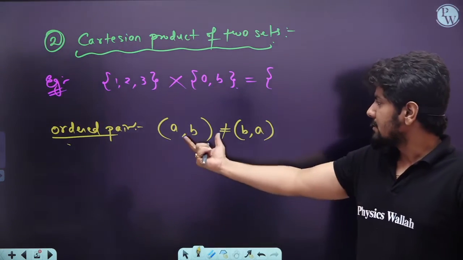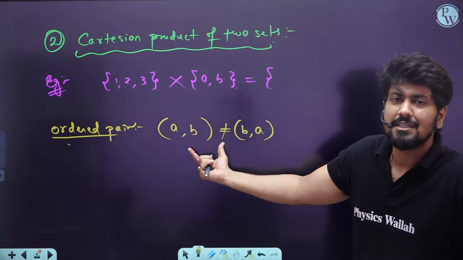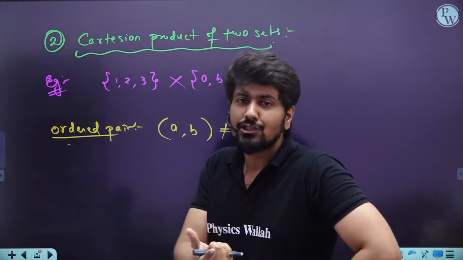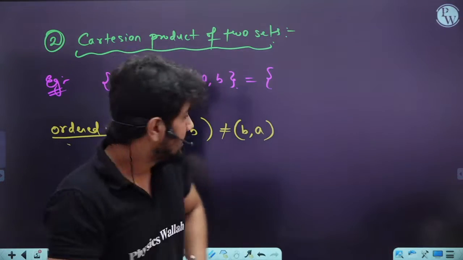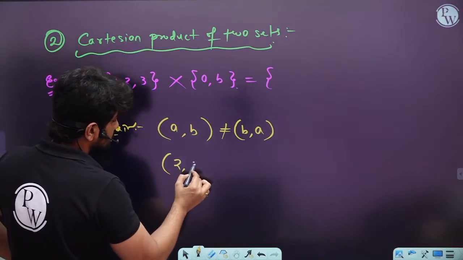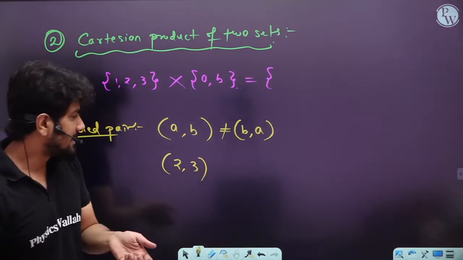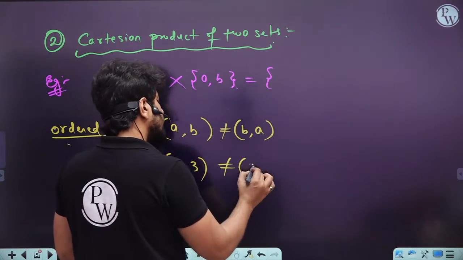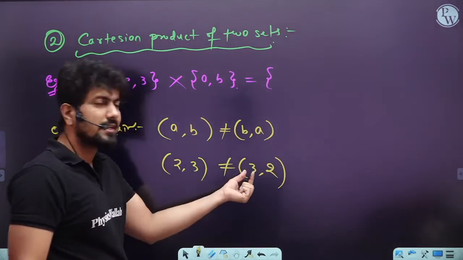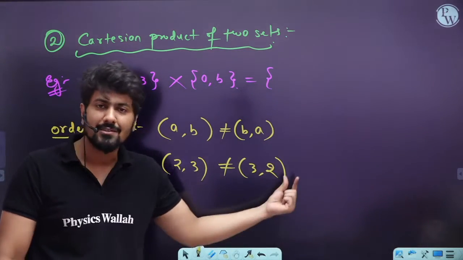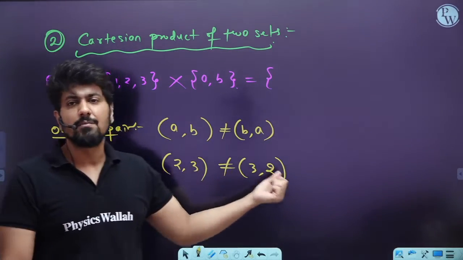Like suppose you have used this representation in coordinate geometry as well, right? Like if I say 2 comma 3, 2 comma 3 means x coordinate is 2, y coordinate is 3, but that is not equal to 3 comma 2 because now it will represent that x coordinate is 3 and y coordinate is 2. These two are different points.